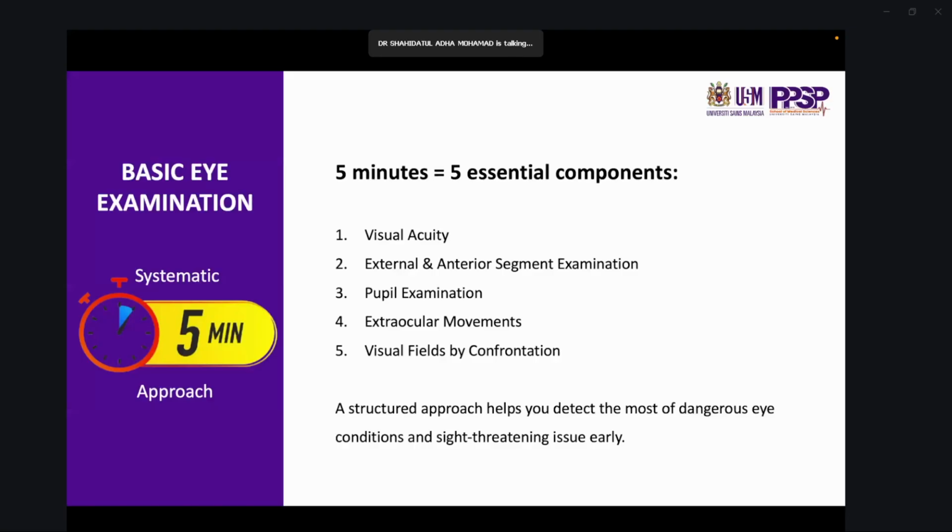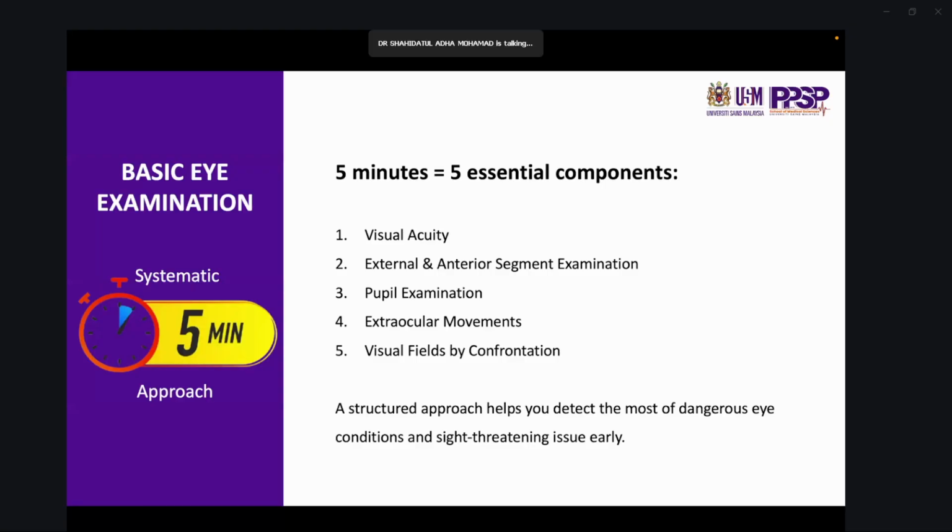All right, now we move on to the basic eye examinations. You don't need to spend a lot of time to examine the eye. Okay, 5 minutes. You just need to spend 5 minutes to accomplish the 5 essential components. The first one, you need to perform the visual acuity. Second one, external and anterior segment examinations.